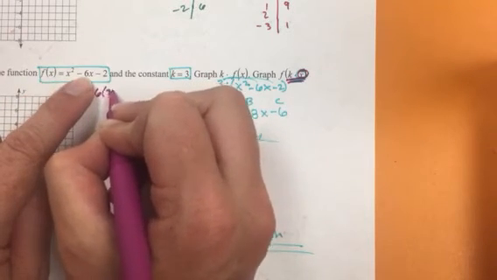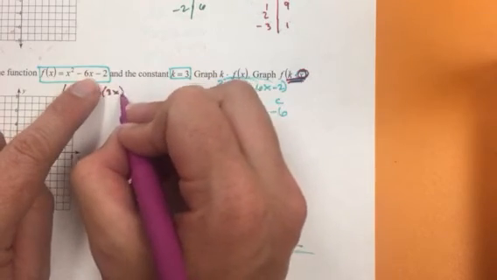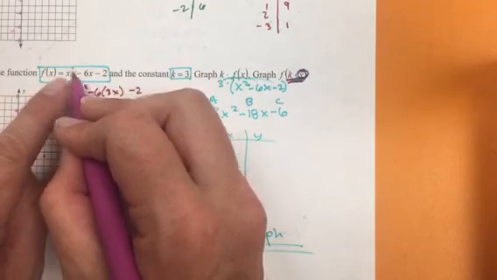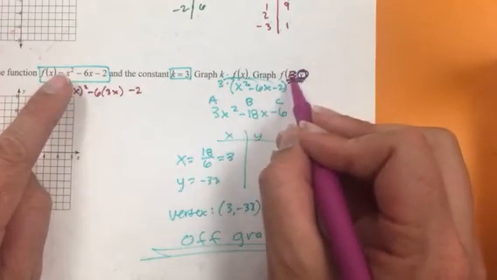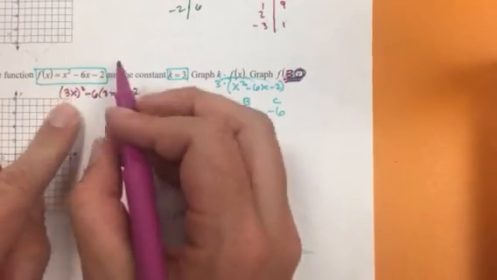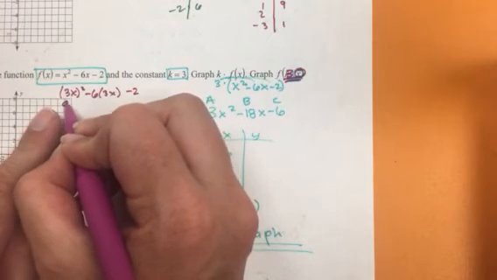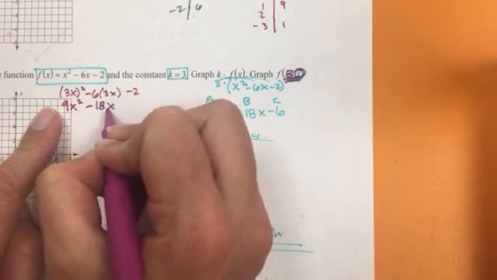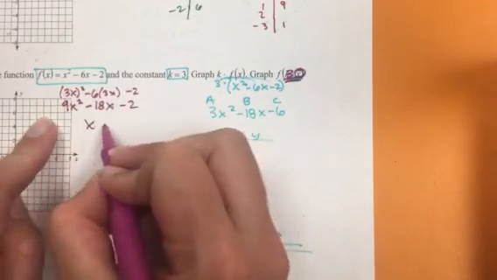We'd get a 3x here minus 2. So I just put a 3x for all of the x's. I put them together. 3 squared is 9x squared minus 18x minus 2.